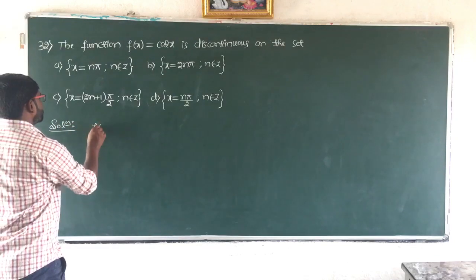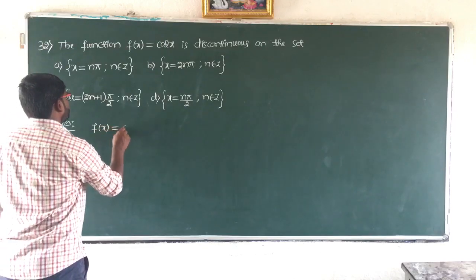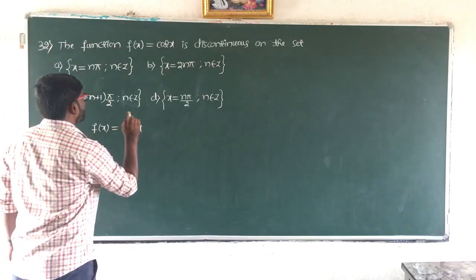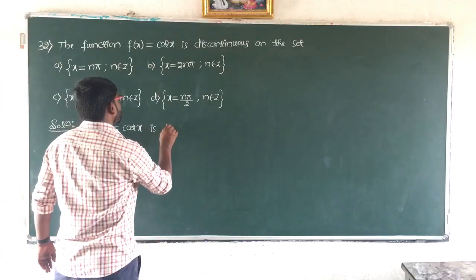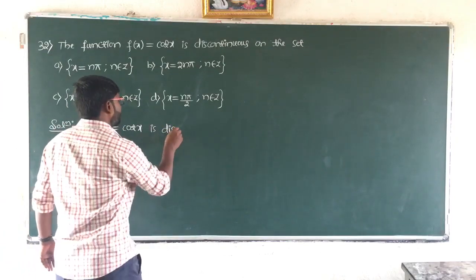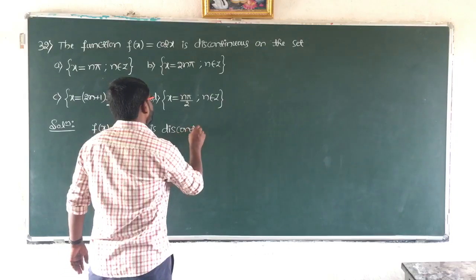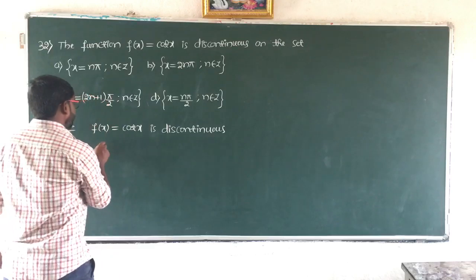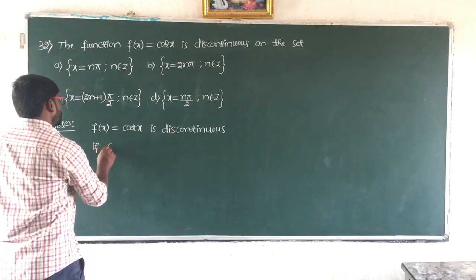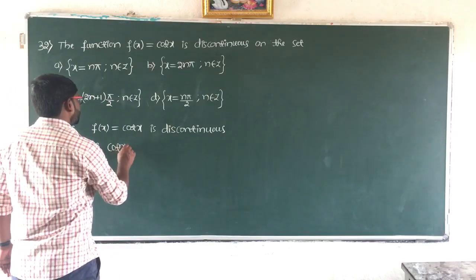So let us take up the given function now. F of x which is equal to cot x is discontinuous if cot x becomes infinity.